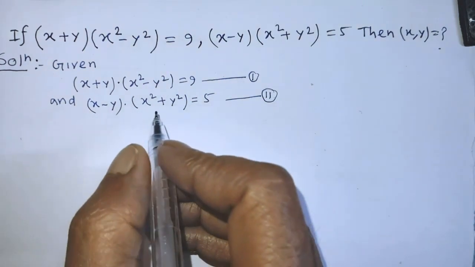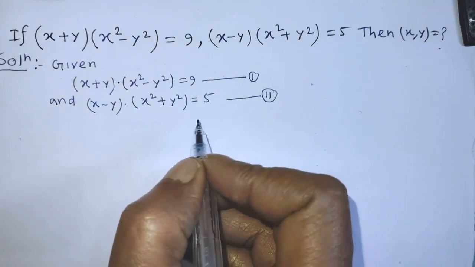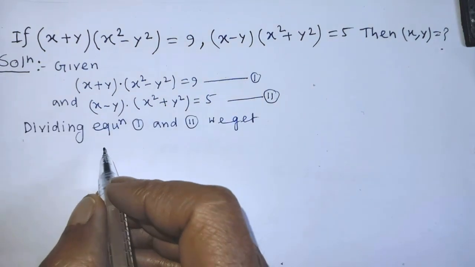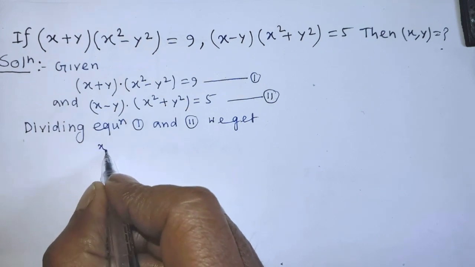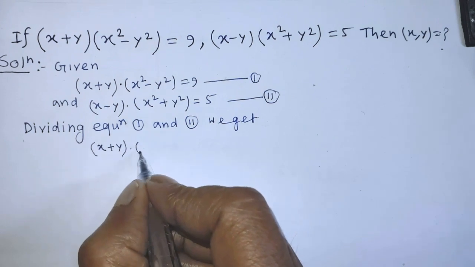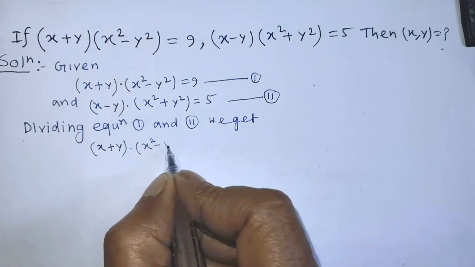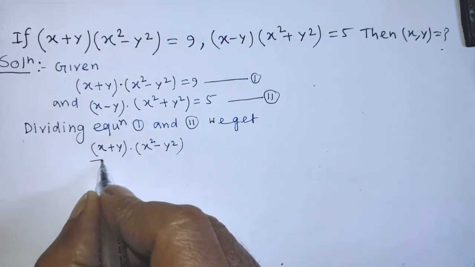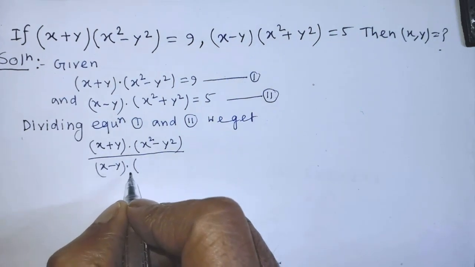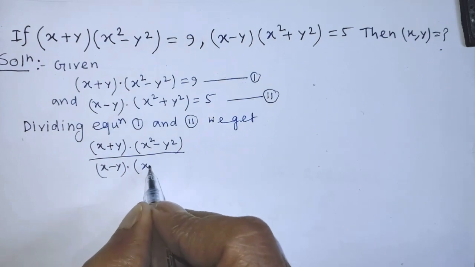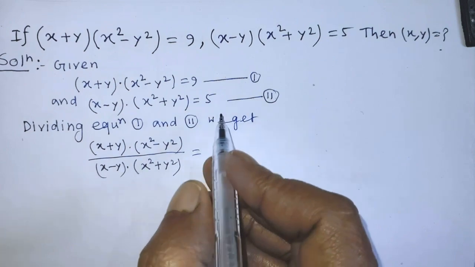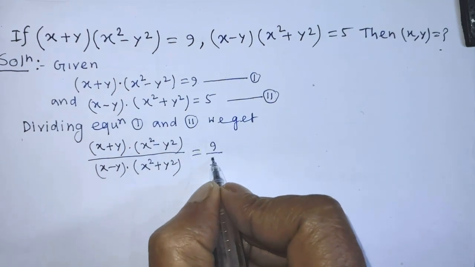Now we have to divide equation 1 by 2, and we get: (x + y) times (x² − y²) over (x − y) times (x² + y²) is equal to 9 over 5.